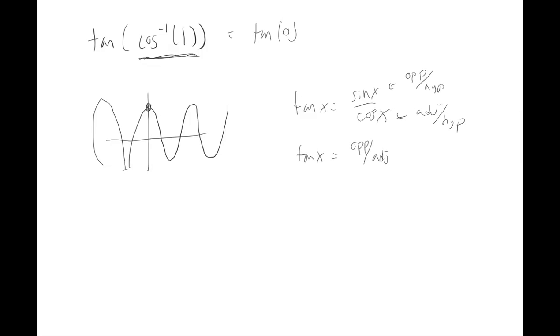In this case, it's just sine of 0 over cosine of 0. Cosine of 0 is 1. Sine of 0, you know from the graph of sine, is 0. So this is just 0.